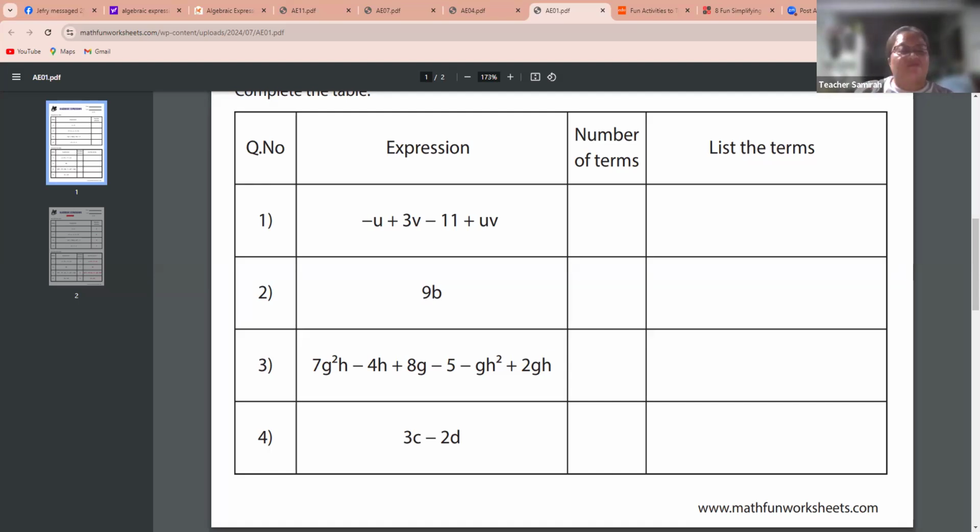And then for number 4, the expression 3c minus 2d. How many number of terms, as well as you are required to list all the terms. Just tell me if you are done.